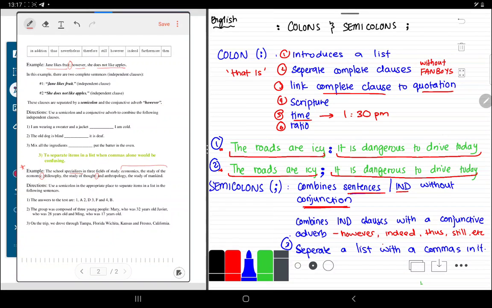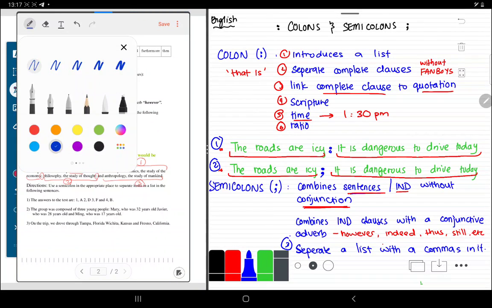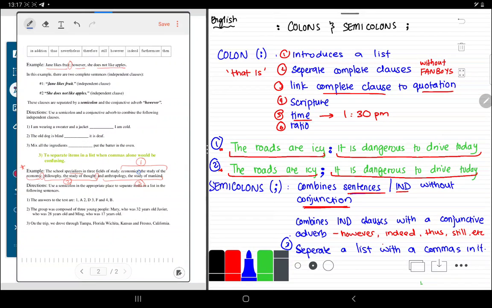So economics, the study of economy, is 1 unit in your list. Then philosophy, the study of thought, is the 2nd unit. And then you have the 3rd unit. If you notice, within each unit we already have a comma, because you're explaining what economics is, right? So you say economics, the study of economy. Then you're done with your 1st unit.